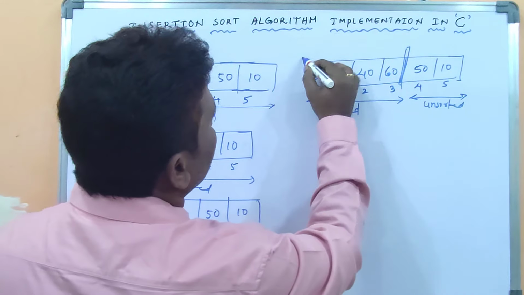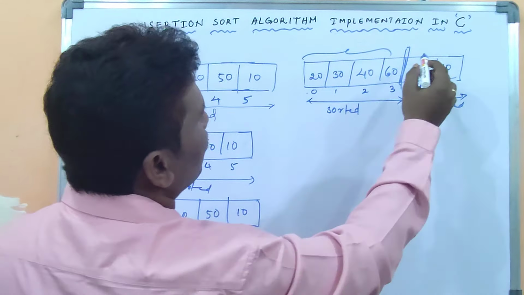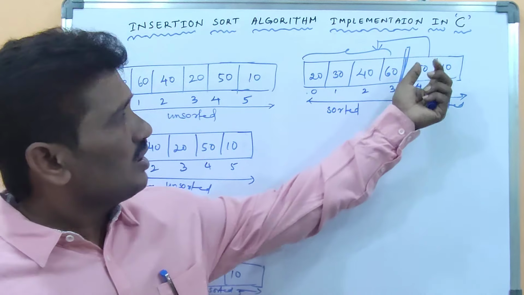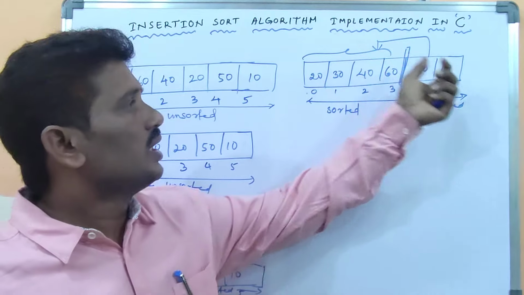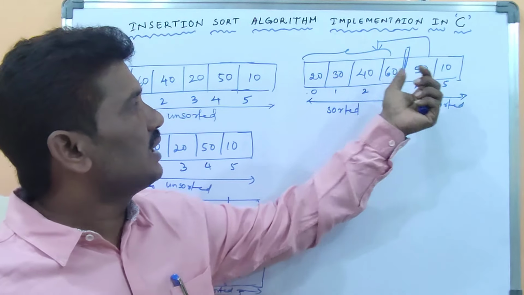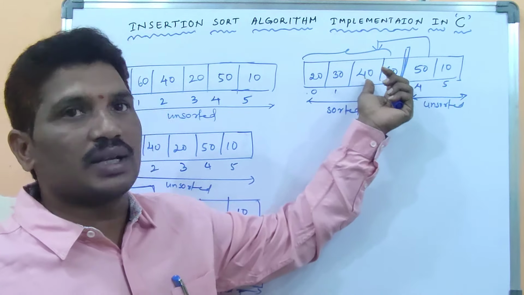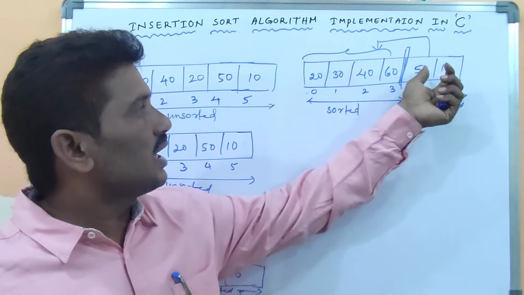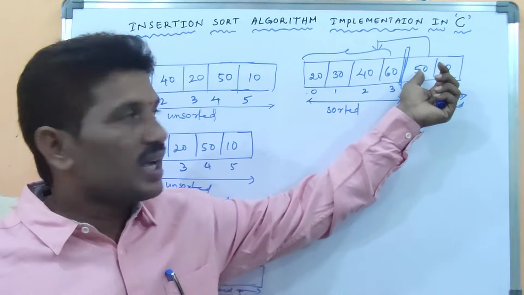Then after that, where should I insert the 40? This should be compared with the 20, with the 30, with the 40, then with the 60. Then where should I insert the element 50 in the sorted sublist?